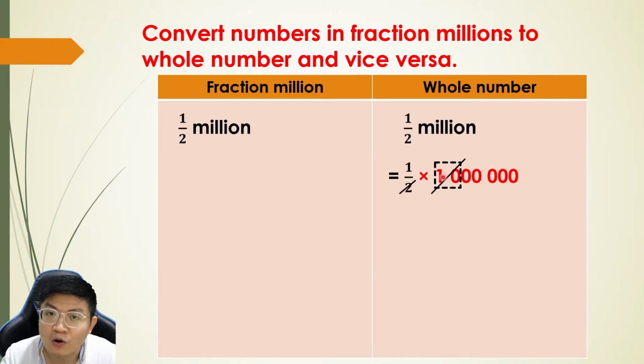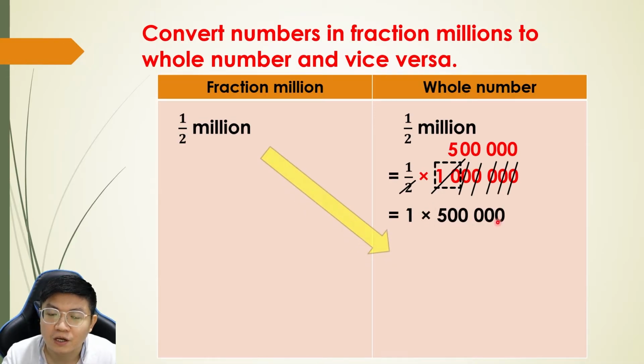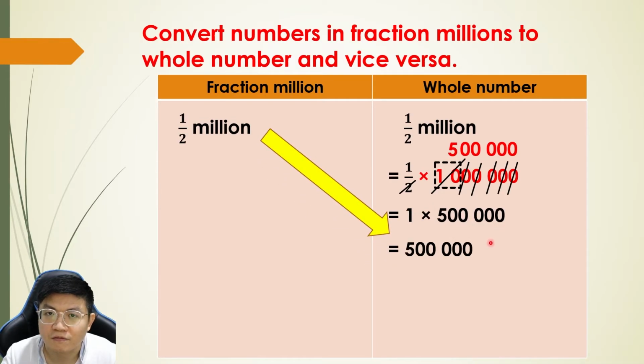This step is called simplification. 10 divided by 2, I get 5. So the rest of the 0s, you just cancel and write 0 on top of it. Then what is left inside there? 1 times 500,000. So the final answer is 500,000. We already converted into a whole number.